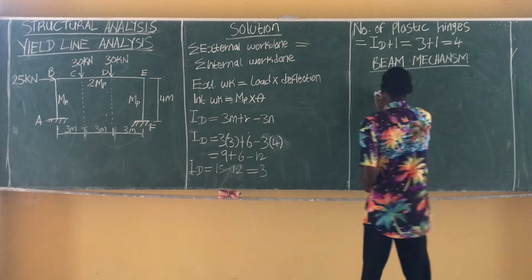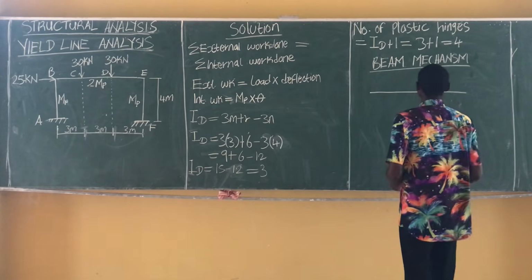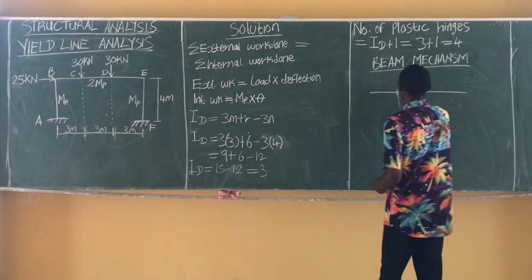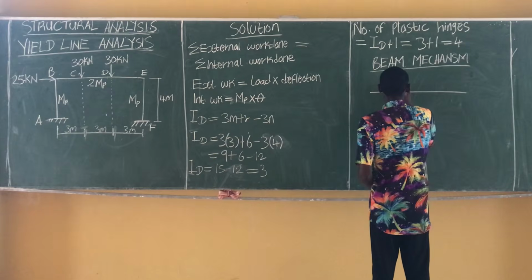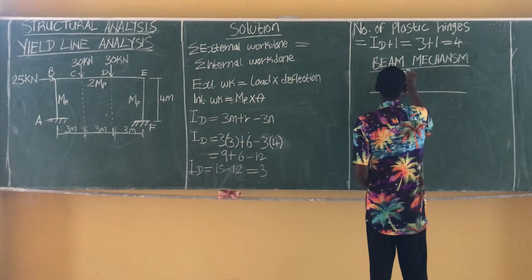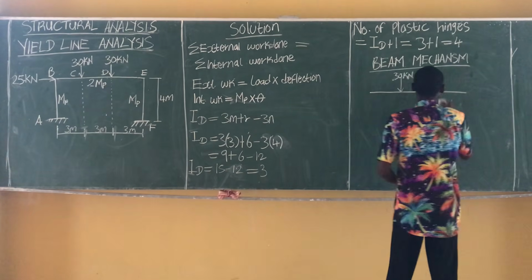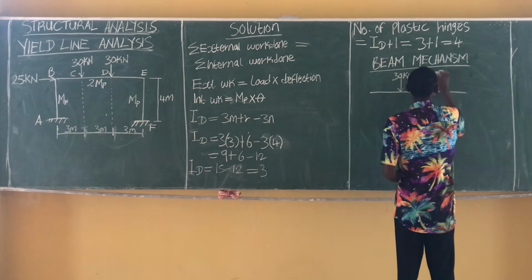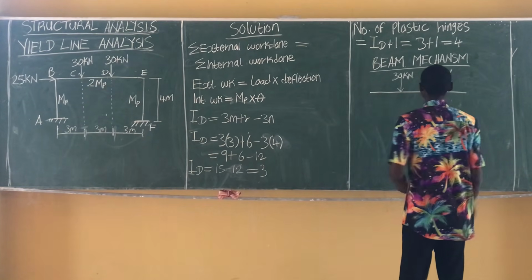Okay? So for our beam mechanism, our focus is on the beam, the failure occurring on the beam. So we have 30 kilonewton. We have 30 kilonewton.